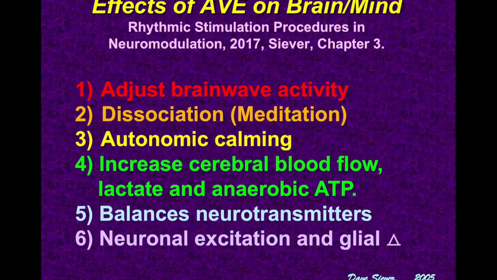Now, entrainment is very fascinating. The term entrainment means frequency following response: if you stimulate a biological entity or organism with a frequency, and it responds biologically in resonance with that frequency, that is called entrainment. Audiovisual entrainment implies just that.